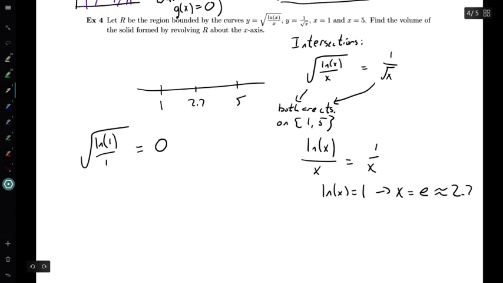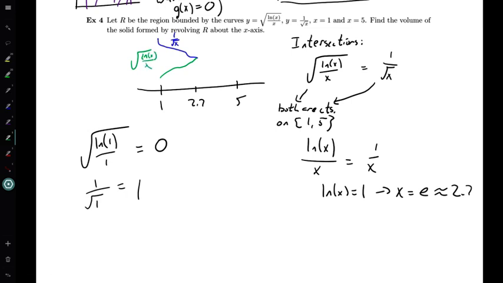On the other hand, 1 over root x evaluated at 1 is 1. So on the left half of this interval, I can say that 1 over root x is the larger function. Whatever it does, it's larger on the left half of the interval, and root log x over x is smaller.